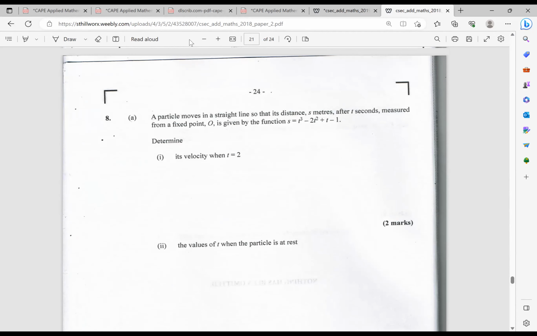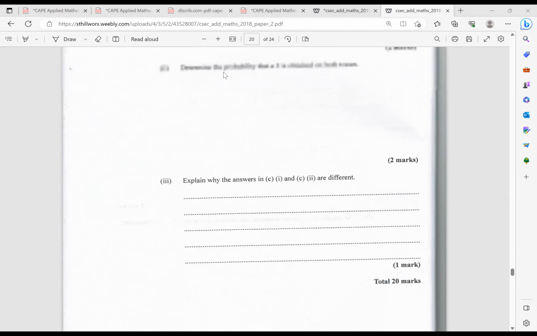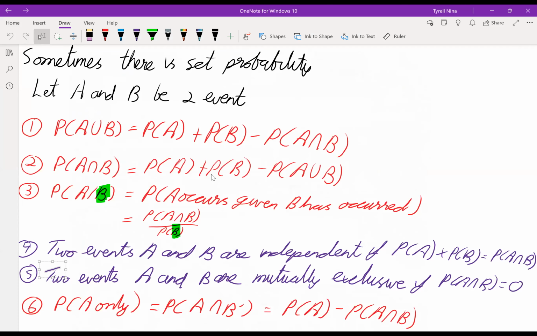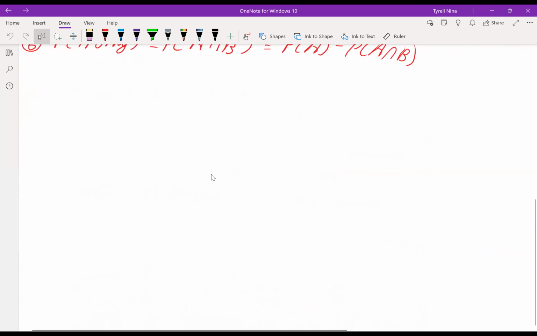There isn't any other set probability, but I feel it'll come again.